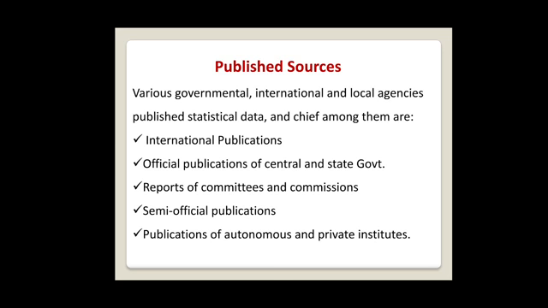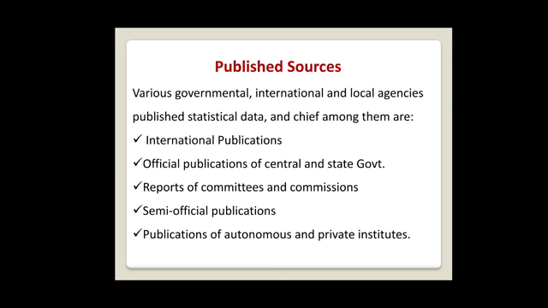Dear students, publications of autonomous and private institutions include trade and professional bodies such as the Federation of Indian Chambers of Commerce and Industry, the Institute of Chartered Accountants, the Institute of Foreign Trade, etc. Annual reports of stock companies and corporations, publications brought out by various autonomous research institutes and scholars such as Institute of Economic Growth, Delhi, Institute of Politics and Economics, Pune.